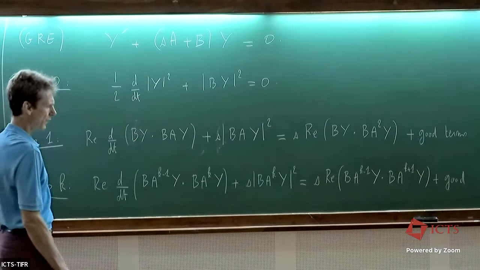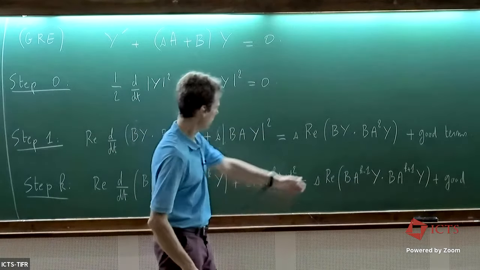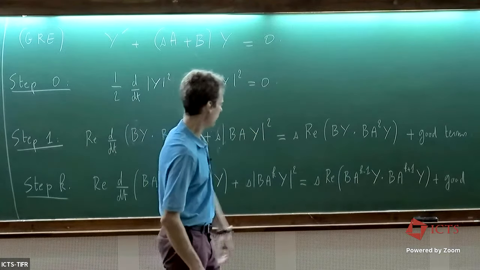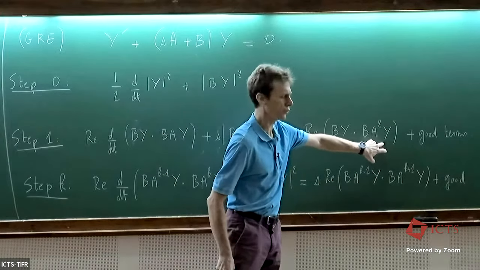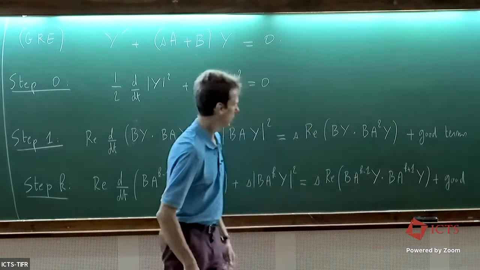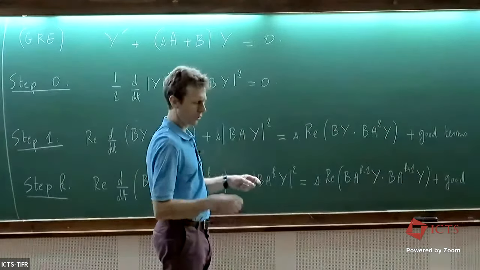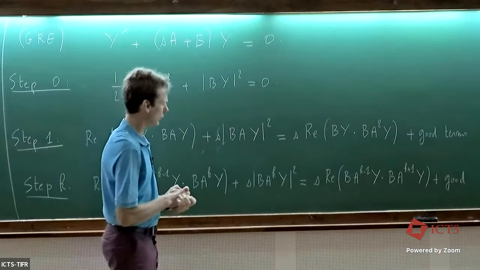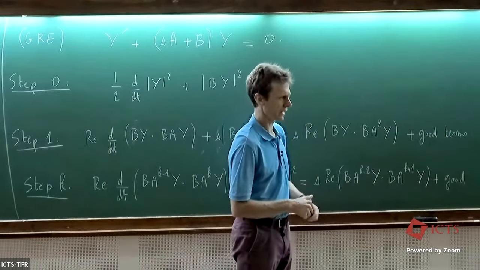So the problem was this new term that you don't know how to handle, because here, even if you use Young inequality, you will get either By, which is good, but you have this one, and this one you don't know how to handle, because it's not of this type. On the toy model, we did the same, but we did not have this problem because for the toy model, it turns out that the square of A is the identity.